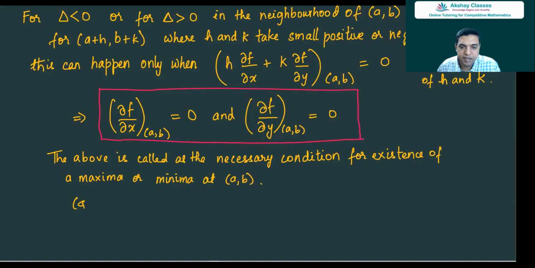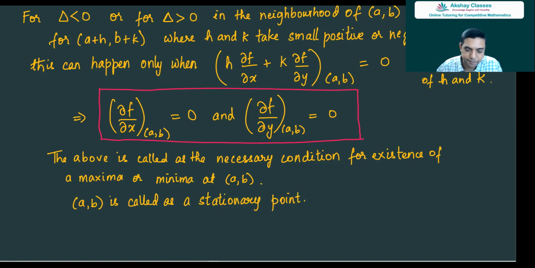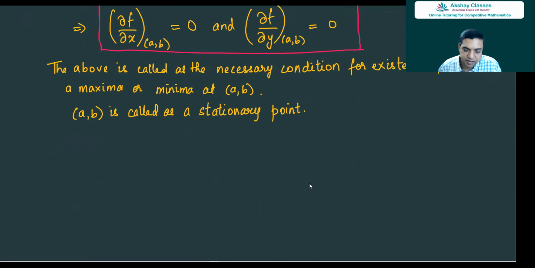So a comma b is called a stationary point. Okay, now let's determine the sign.